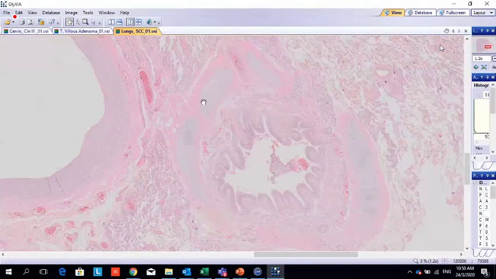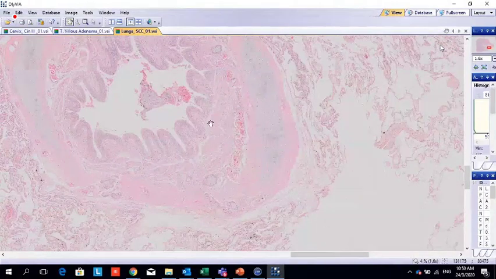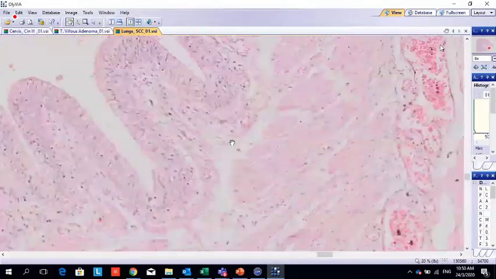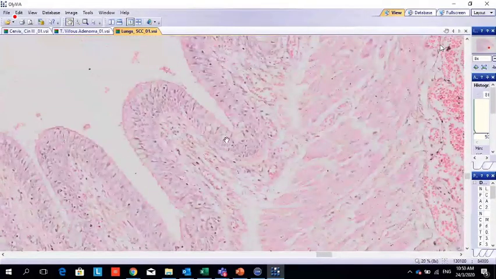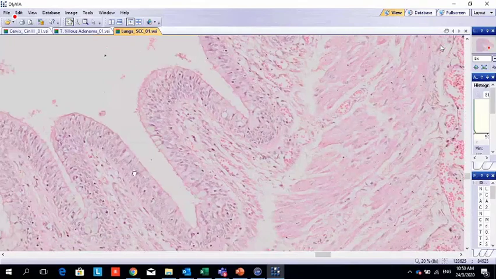The presence of the cartilage, and also the muscle there. So this is the lining. Look at the lining. How is the lining? It is lined by columnar epithelium. Ciliated. Okay, compare this.